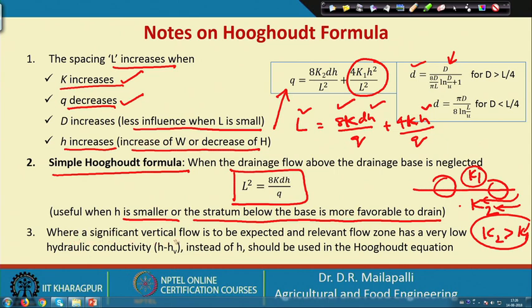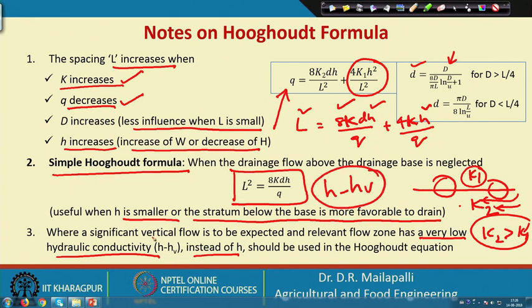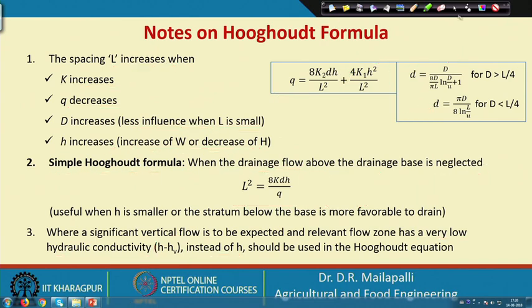Where a significant vertical flow is to be expected and the relevant flow zone has a very low hydraulic conductivity, instead of H, it should be used in the Hooghoudt equation. So, suppose vertical flow is dominating, in that case H will be considered as H minus H v. So, you have to include H v also into the picture.